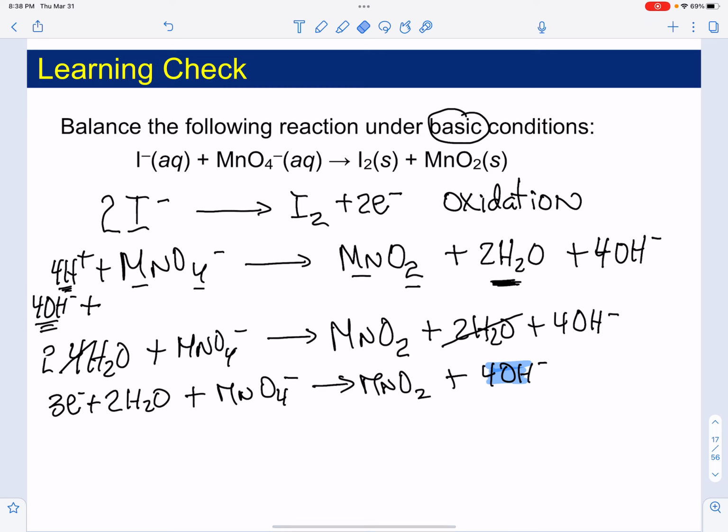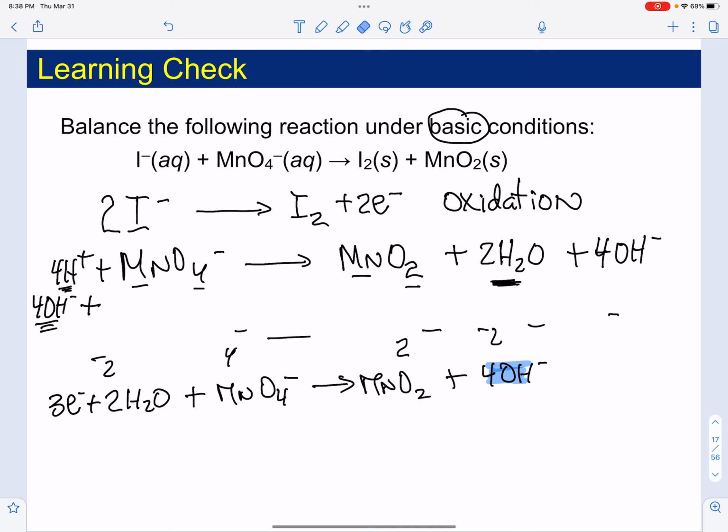So we're going to get rid of the reaction that we are not using anymore. The reactions we are dealing with are 2 iodides producing iodine plus 2 electrons, and the one we just did.